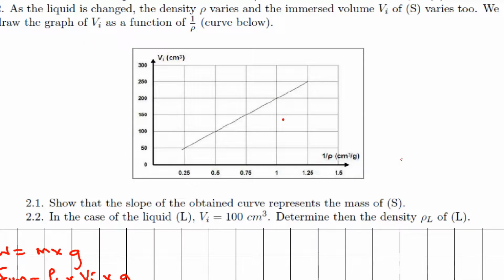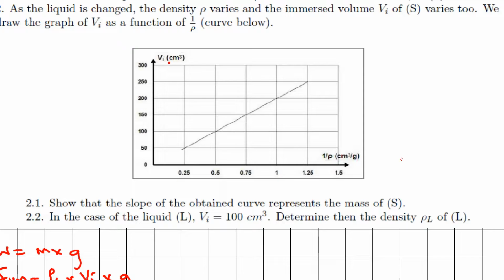First of all, what's the shape of this curve? It's a straight line. Does it pass through the origin? Yes. We can prolongate this line, and as we prolongate it using the ruler, we can see that this line passes through the origin. Now the y-axis is labeled by the quantity Vi, which represents the immersed volume.